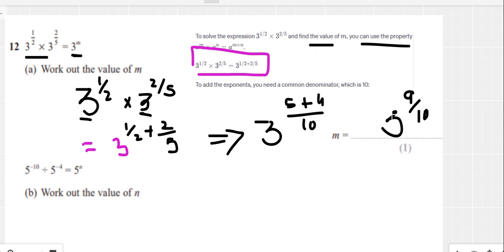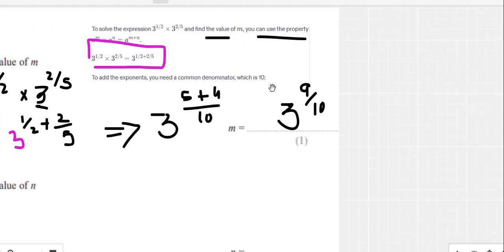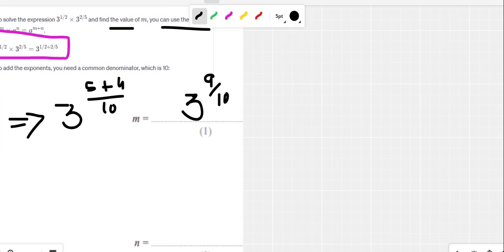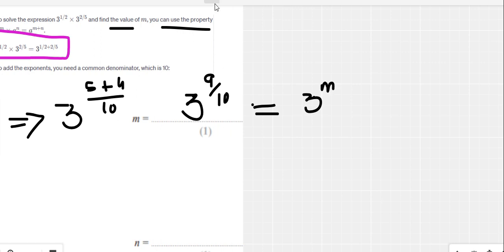Now 3 to the power of 9 over 10, this thing we got on the left hand side. And what we have on the right hand side in the question is 3 to the power of m. Now we can see that on the left hand side we have 3, on the right hand side we have 3.